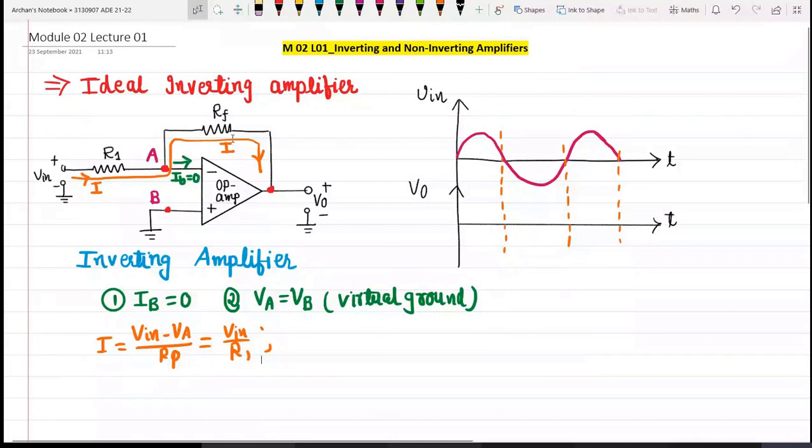The magnitude of current I from terminal A to the output terminal is I equal to VA minus V0 divided by RF. But as we know, VA is at zero potential, so the value of the current will be minus V0 by RF.